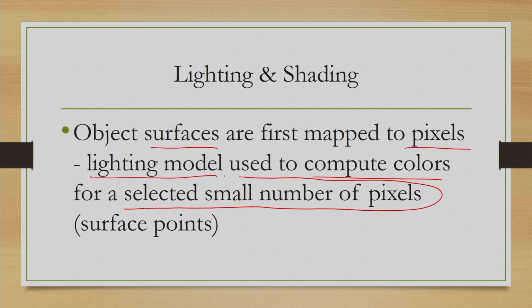So, not for all pixels, only for a selected small number of pixels which are on the surface, we apply the lighting model. So, here we are not applying the model for all the pixels that are on the surfaces. Instead, we are applying it only for a very small subset of those surface pixels.